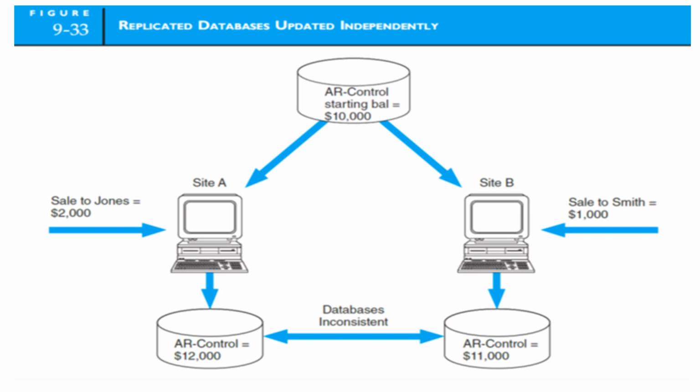In site A they have sold to Jones for 2,000, so they update the account receivable control account in the database, which is now 12,000. For site B they update the sales to Smith of 1,000, so their database has been updated, the account receivable by 1,000, so it is now 11,000. So this will create database inconsistency.